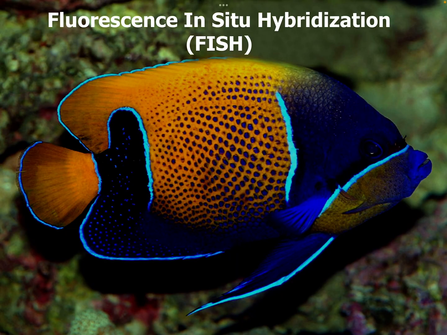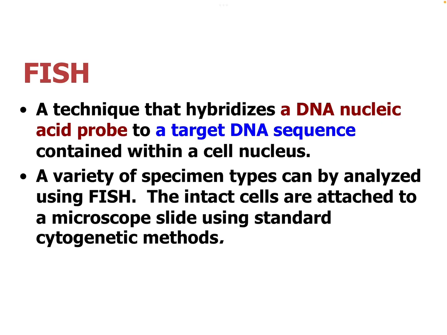Now we proceed to fluorescence in situ hybridization, or the FISH technique. So we are done with the traditional or classic method of staining the chromosomes for the karyotype. Now we proceed to this new technique, the fluorescence, or FISH. The FISH hybridizes a DNA nucleic acid probe to a target DNA sequence contained within a cell nucleus.